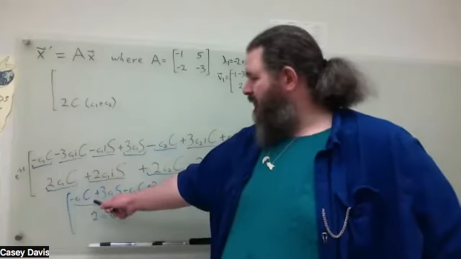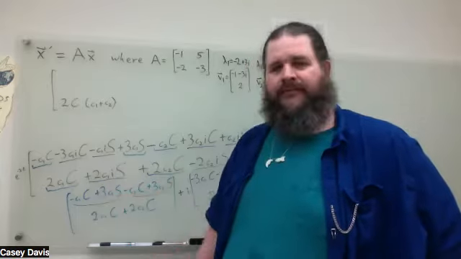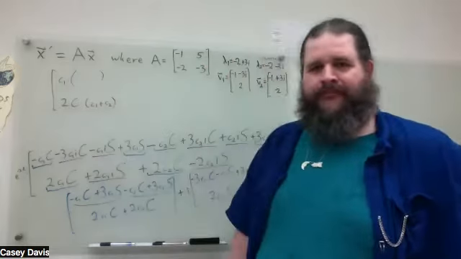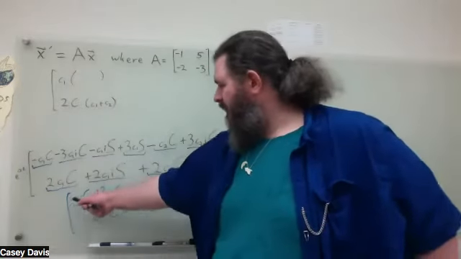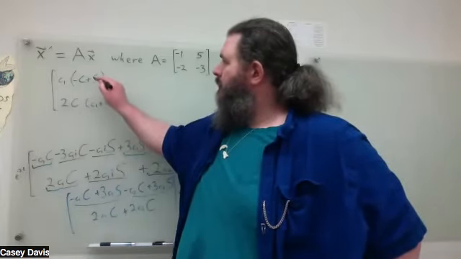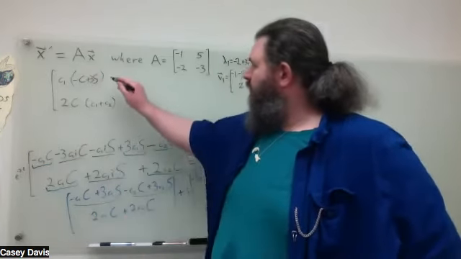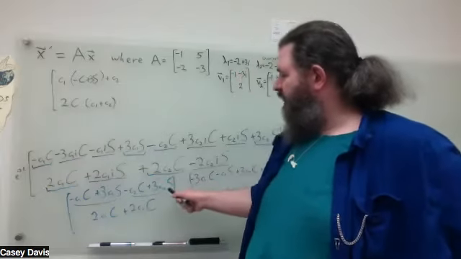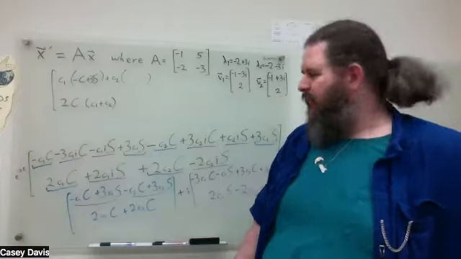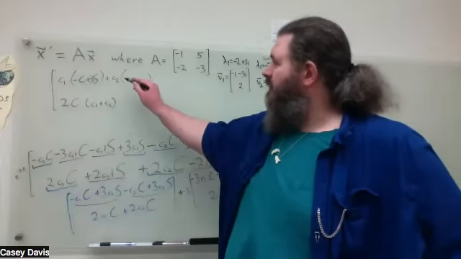If you factor a C1 out of this, what's left? Yeah, -1 cosine plus 3 sine. And if you factor a C2 out of both of these, what's left? Same thing, right? Negative cosine plus 3 sine.